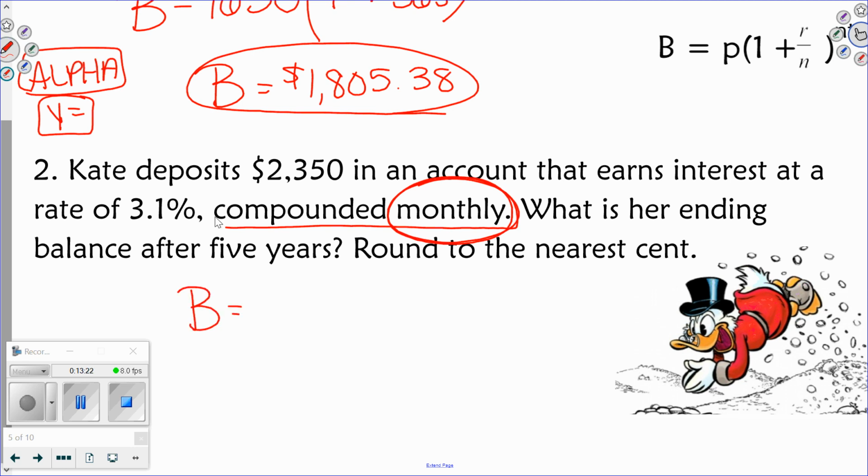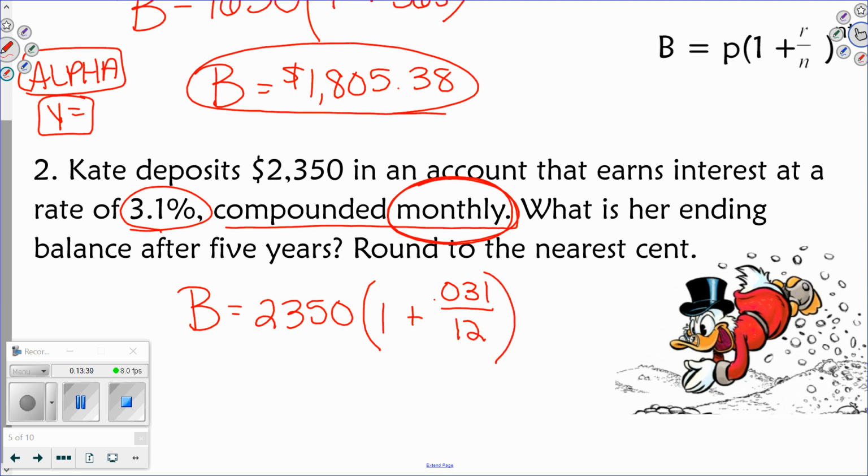All right, so B equals, my principal is the $2,350, parenthesis, 1 plus my rate, 0.031, compounded monthly, so what's your n value? It's 12. And then it's 12 times the time, and this said 5 years. Now, here's my suggestion you're probably not going to be happy about.